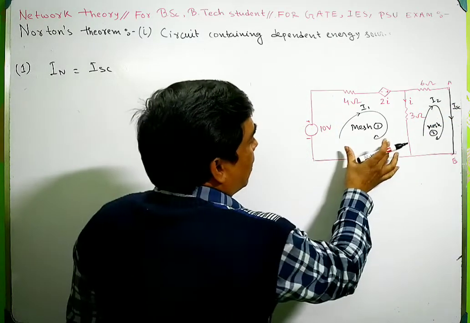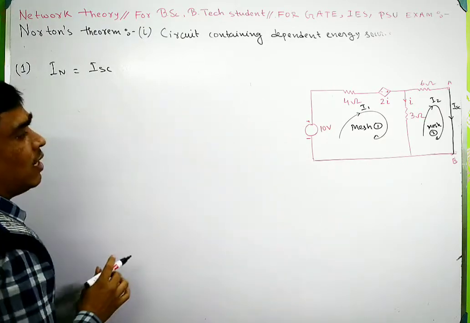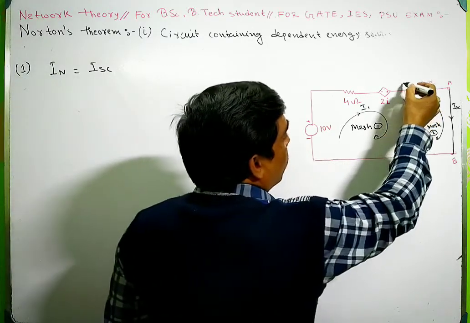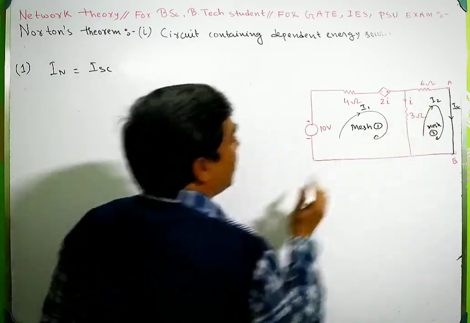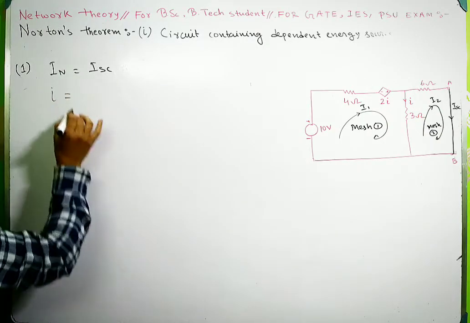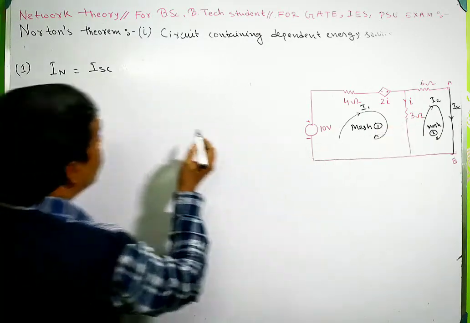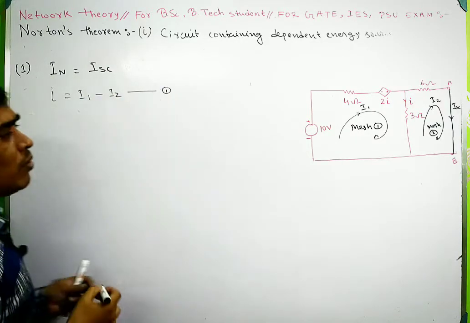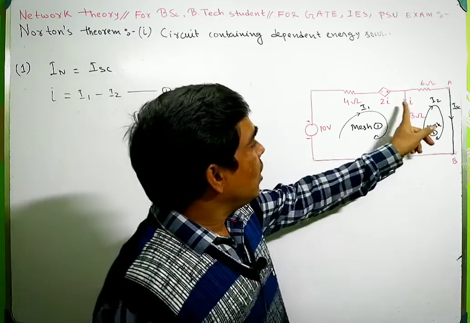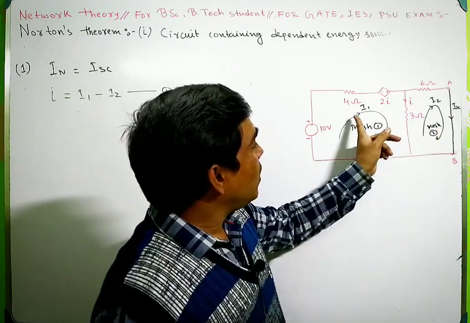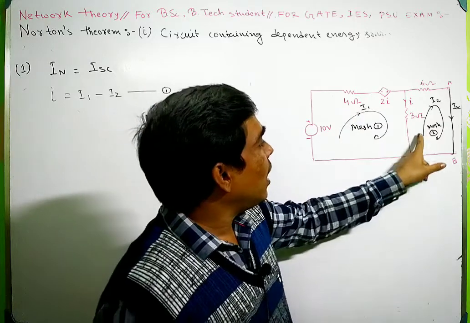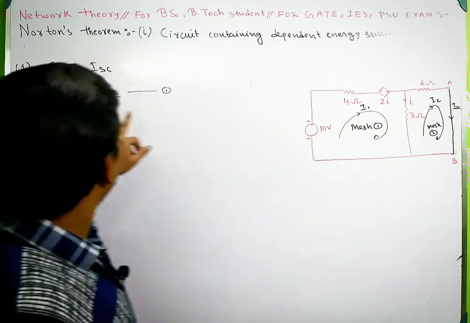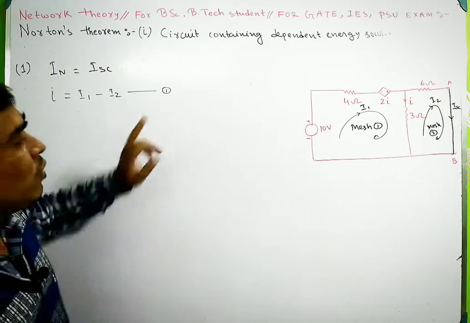If I apply KVL, from this branch we can write that I equals I1 minus I2. I have taken I1 in this direction and I2 in this direction, so this small I can be written as I1 minus I2. This is equation number 1.